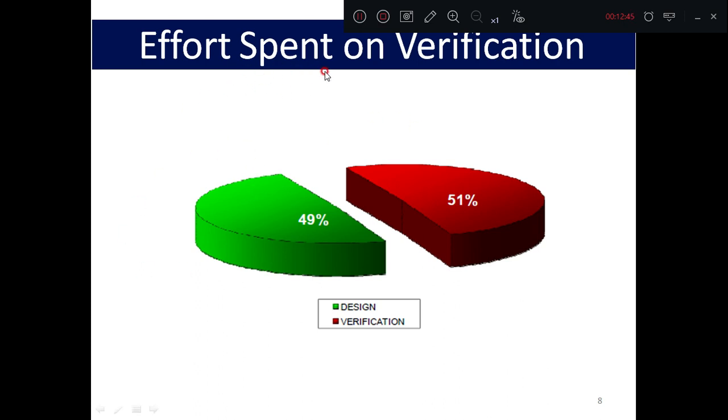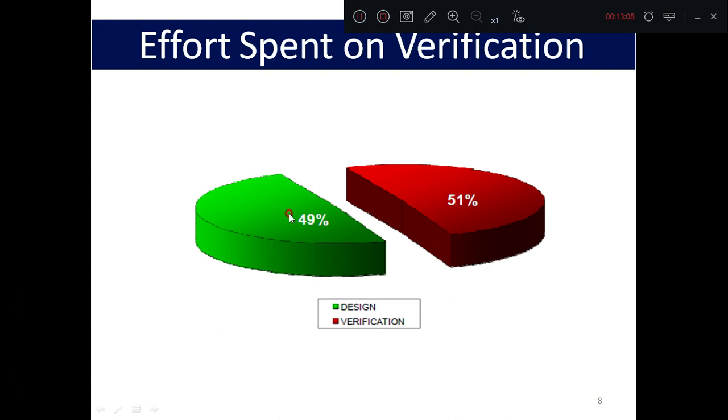Now, what is the effort spent on verification? Actually, in the industry there are two teams. One is the design team and the other is the verification team. The design team is responsible for designing the circuit. The verification team is responsible for verifying that designed circuit. There are design engineers and verification engineers.